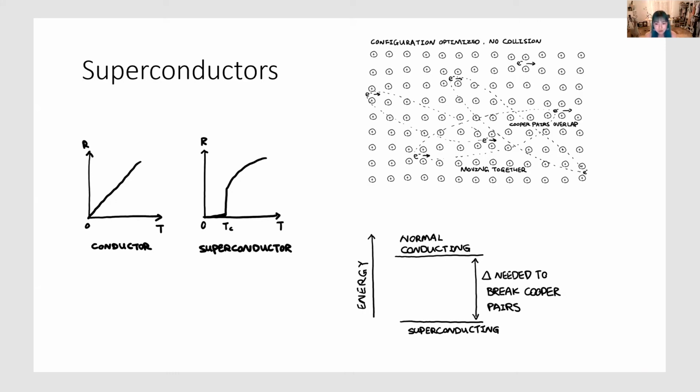And the last thing, the other reason that low temperature is important, is also to put your superconductors into their superconducting state. Basically, how a superconductor works is, in a normal conductor, the resistance goes up with temperature.